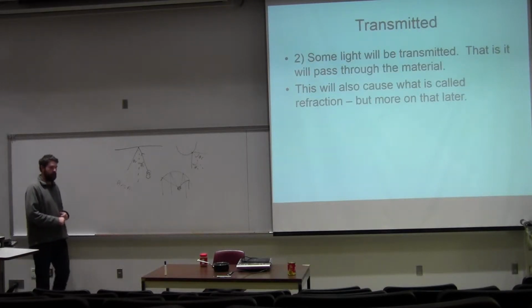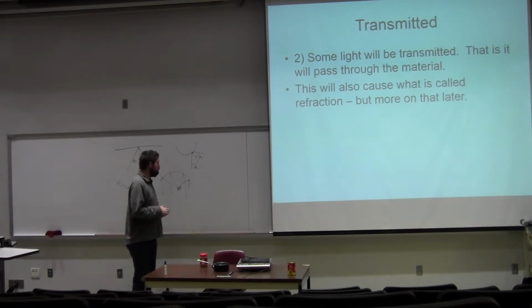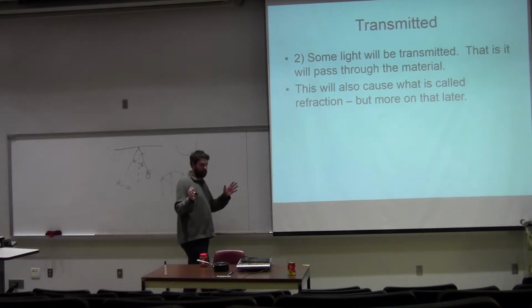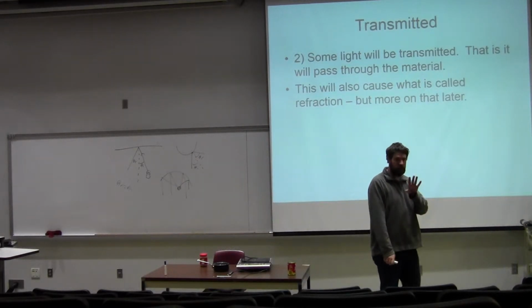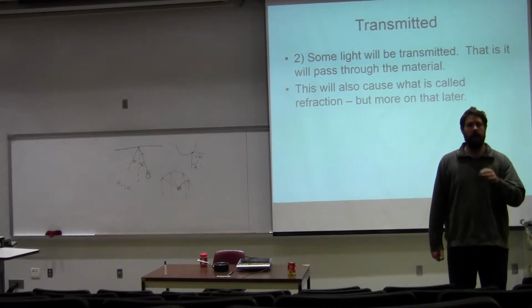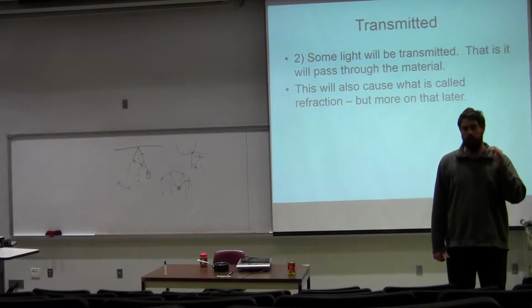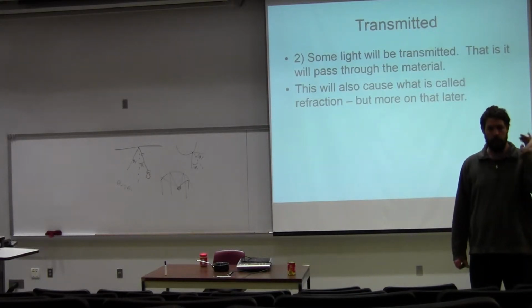The second thing that can happen when light hits a surface. Oh dear, I never defined what a surface is, did I? I made it sound like a solid object is a surface. Well, that's actually not the case. I mean, that's one example of a surface, but that's not the only example. A surface occurs anytime the speed of light or sound, the wave speed in a medium, changes.